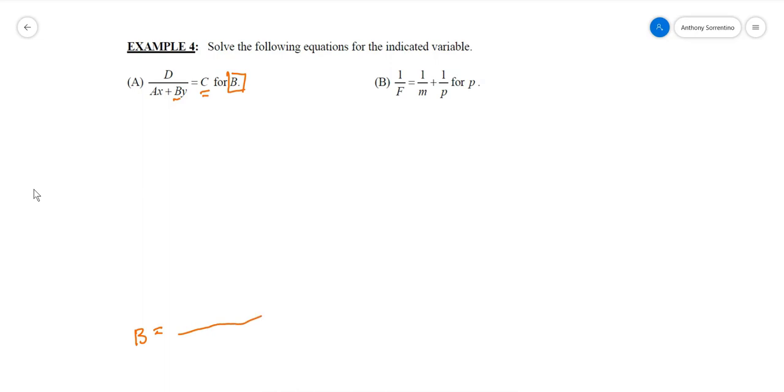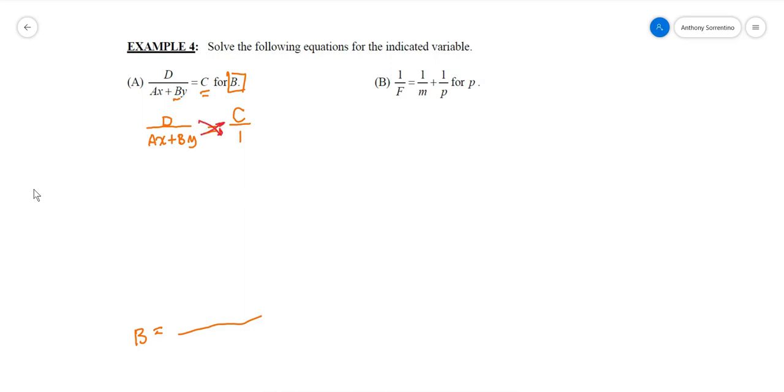That means that b should be alone on one side of this equation in the numerator. So when I look at this, I say, well, what do I need to do to carry this out? I can think of the right-hand side as being c over 1. And that allows me to cross multiply.